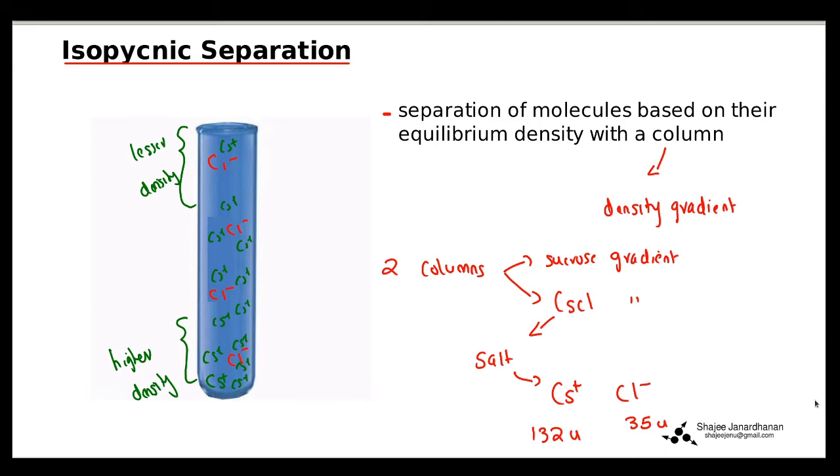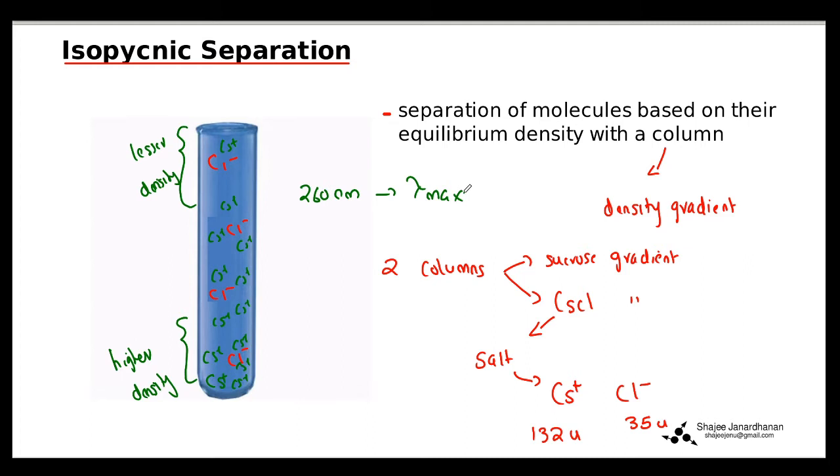When the density of the DNA becomes equal to the density in the column, they stop settling and remain there. Then this tube will be shown to UV light at 260 nanometer. The wavelength used was 260 nanometer because the lambda max, the maximum absorbance shown by nucleic acid, peaks at 260 nanometer.